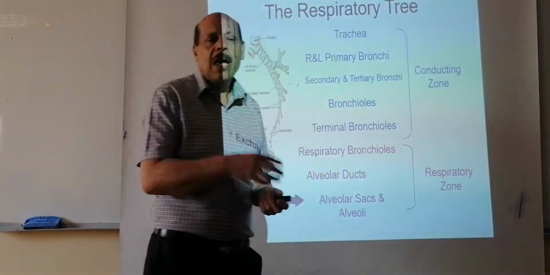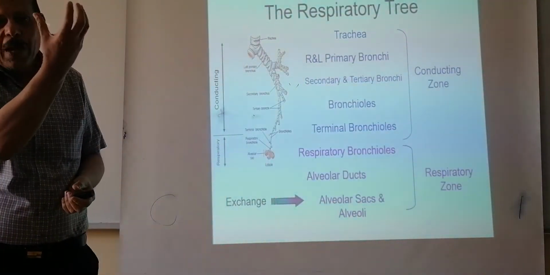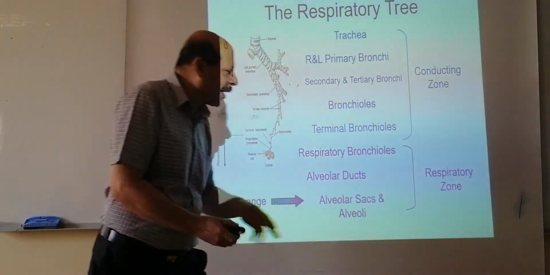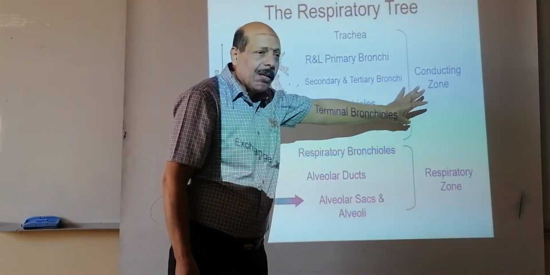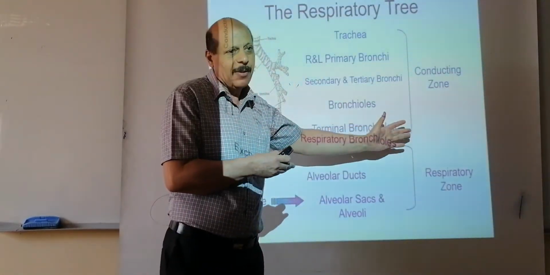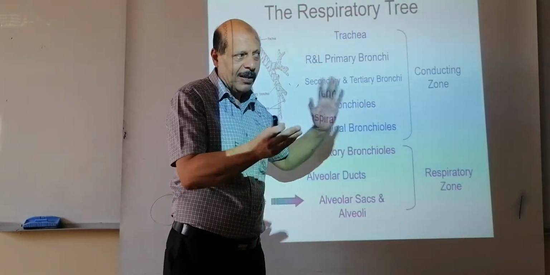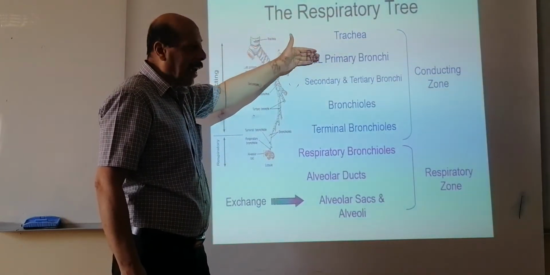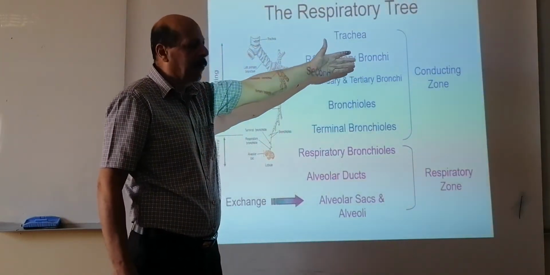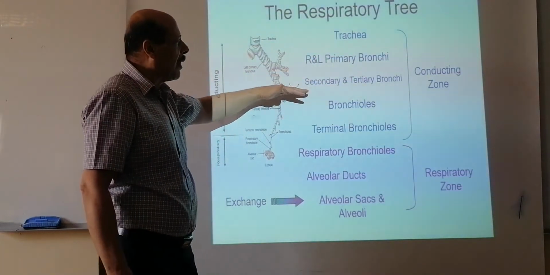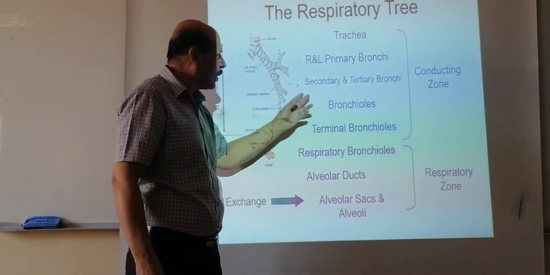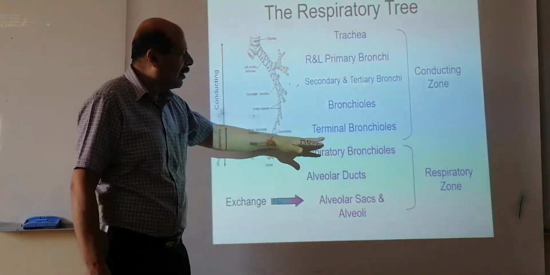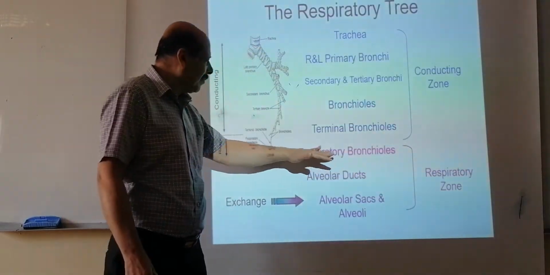Its function is just a pathway of gas toward the respiratory zone, so no gas exchange happens there. It consists of the trachea, right and left primary bronchi, then the secondary and tertiary bronchi divided into smaller bronchioles, then the terminal bronchioles.